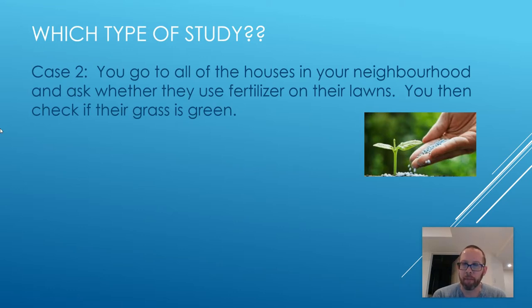Well, this is an observational study because you're essentially just observing. You're checking if their grass is green. You aren't controlling which houses get fertilizer. You're not controlling how much fertilizer, what type of fertilizer. It's not random. You're going to all the houses on your street.